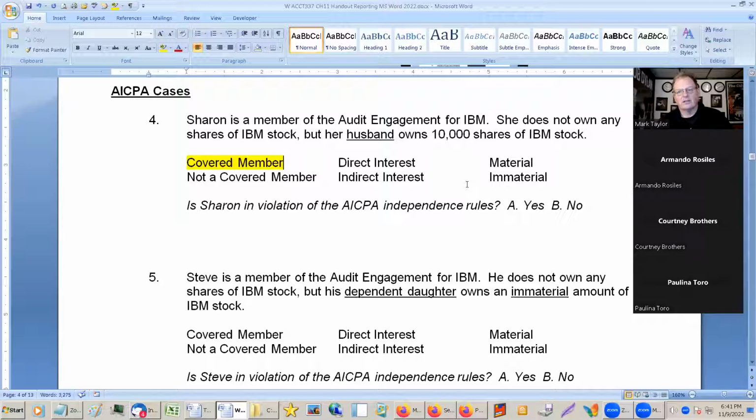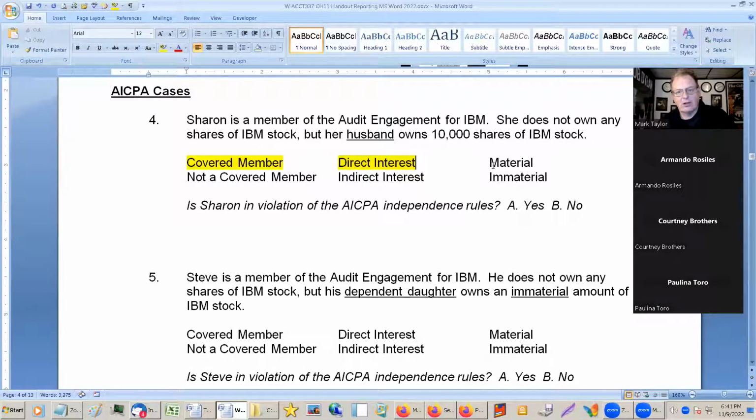Direct or indirect? Now remember, the husband is the same as the covered member. So it's the same as if the covered member owns 10,000 shares of IBM stock. Direct interest.